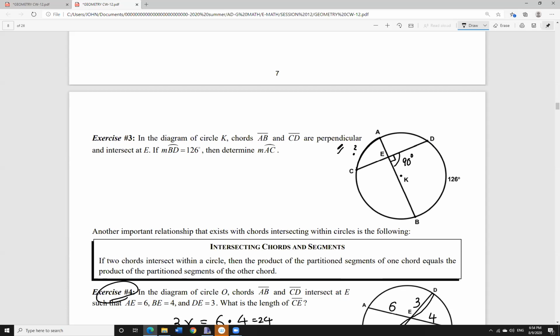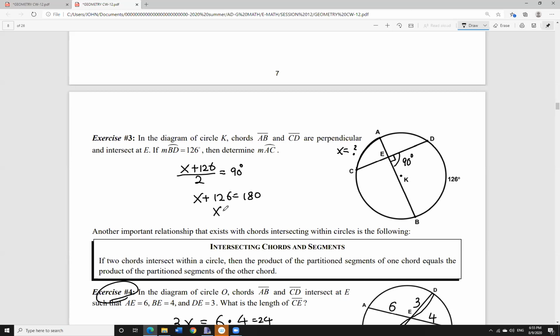Now I'm gonna find X. Because we have inside intersecting, what is the formula? X plus 126, divided by 2, that is the intersecting angle, which is 90 degrees. Now times 2. X plus 126 equals 180, isn't it?